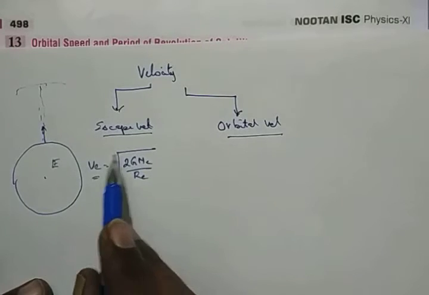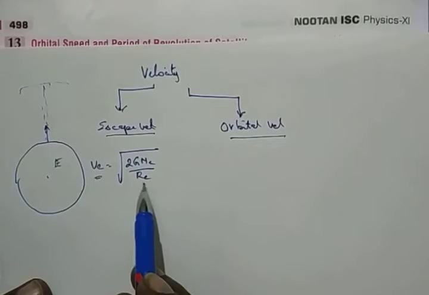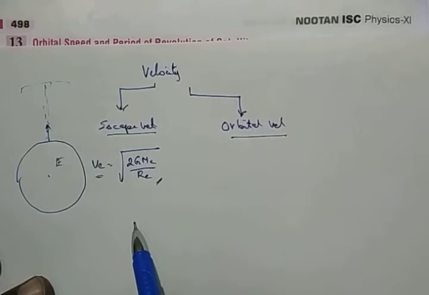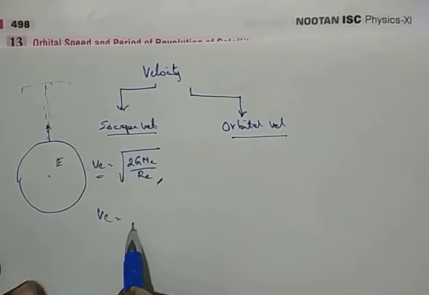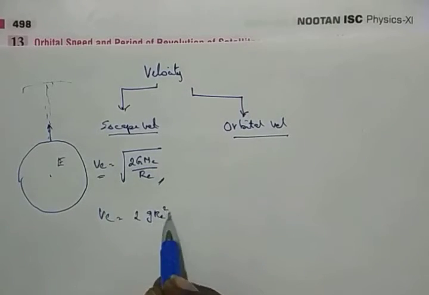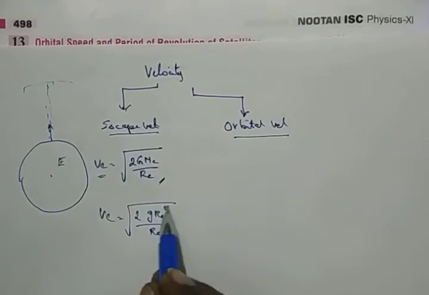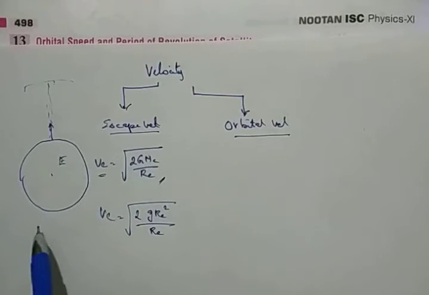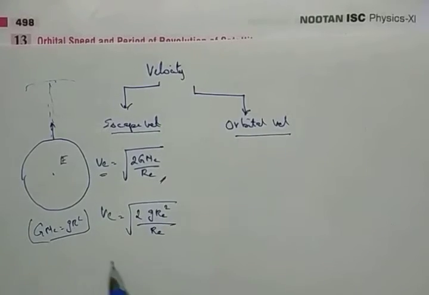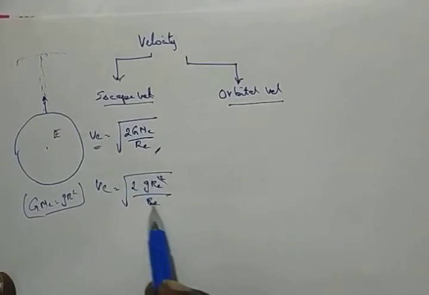So we saw this derivation. We found this as a final formula for escape velocity. VE is equal to square root of 2 times GRE square upon RE, because GM is going to be equal to GR square. We already know this one. So here it gets cancelled out.